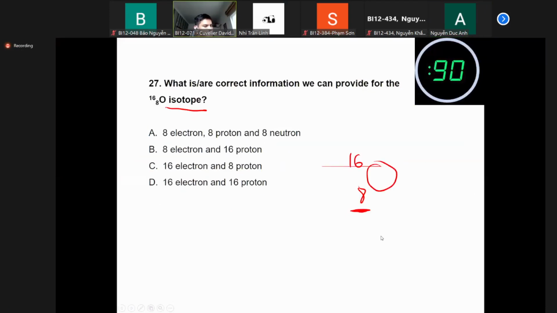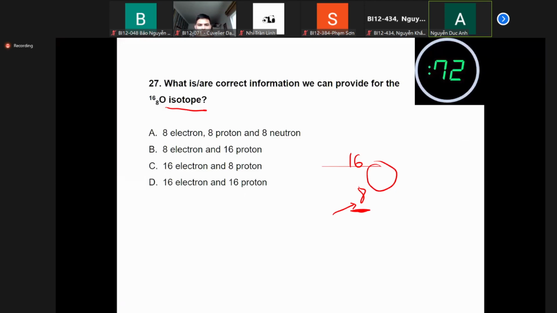Yes, we can. Okay. So as I said, isotopes are the ones that have the same number of protons but different numbers of neutrons. Okay. So the number of protons is shown here. It is the atomic number, right?